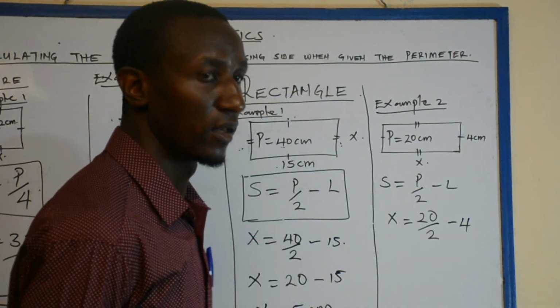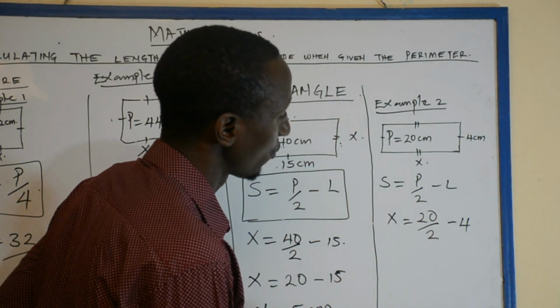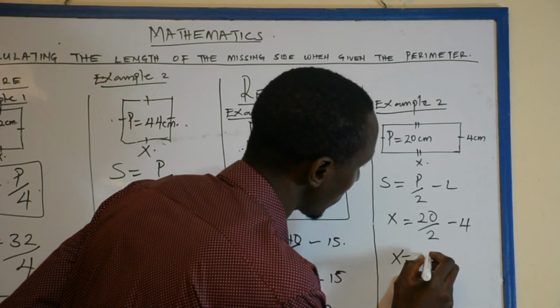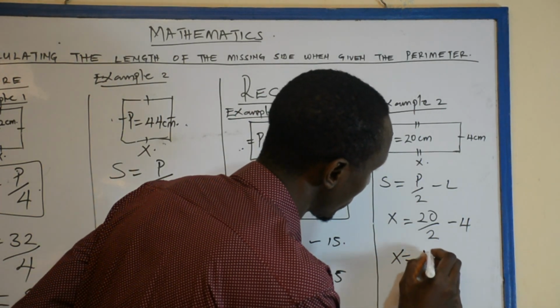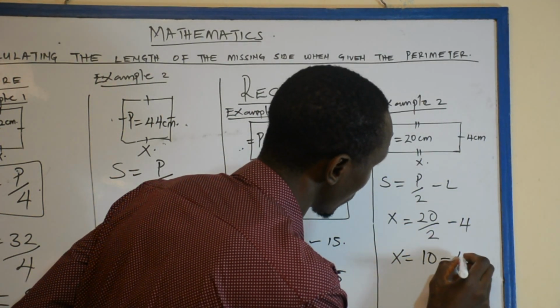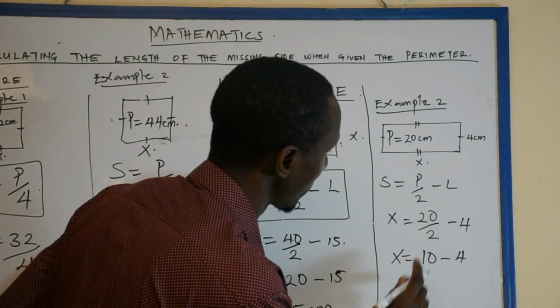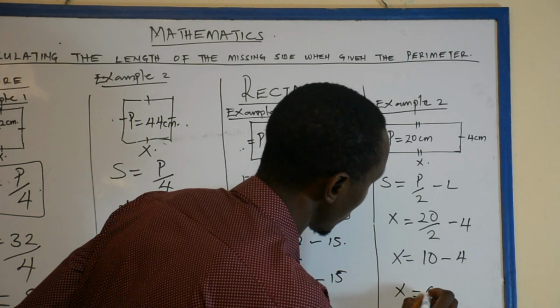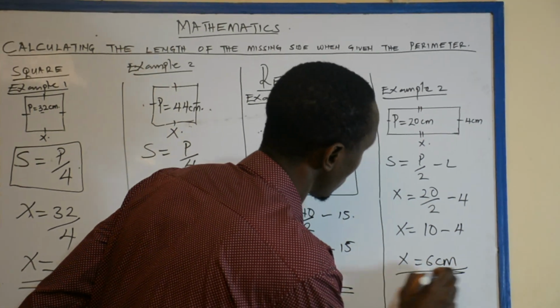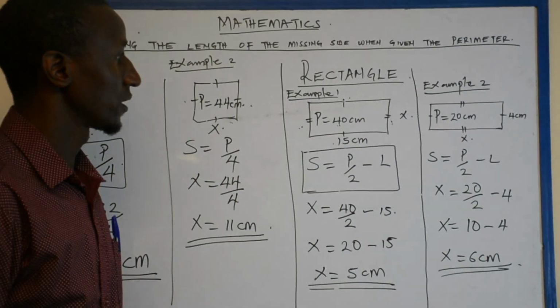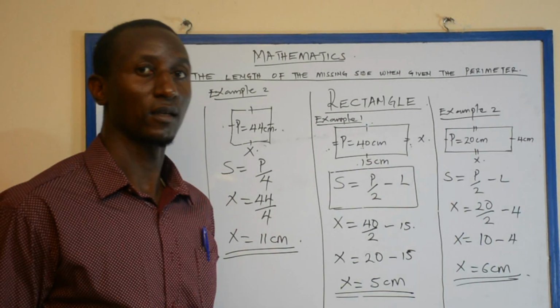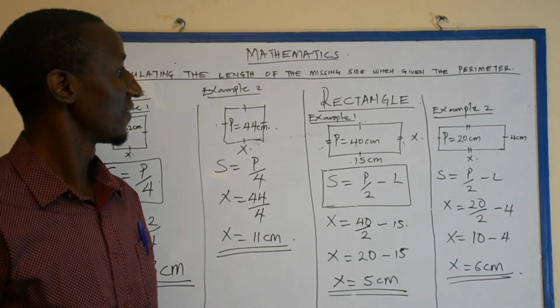So, divide 20 by 2. 20 divided by 2 is equal to 10, minus 4. Now subtract 4 from 10. X is equal to 6 centimeters. This is the value of x. Are you together there?